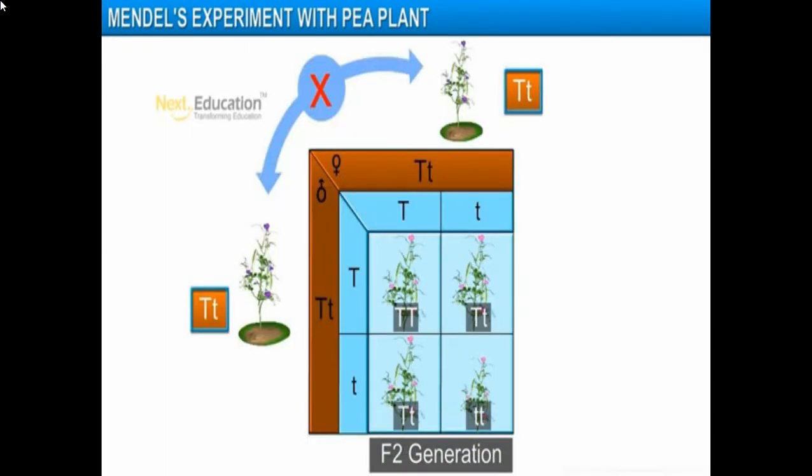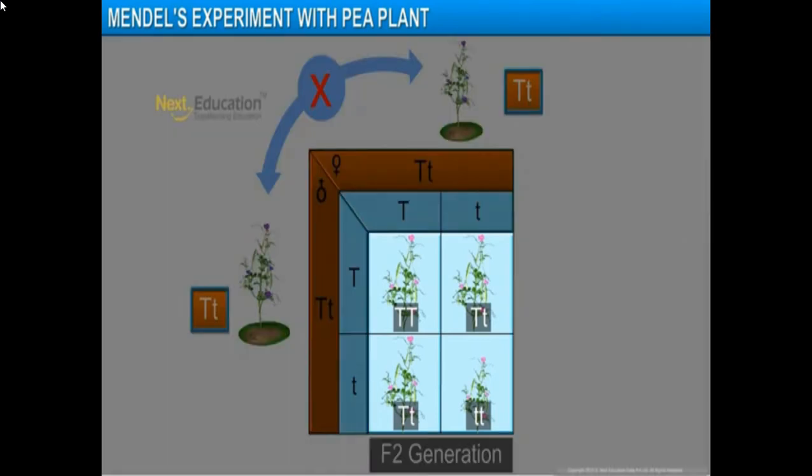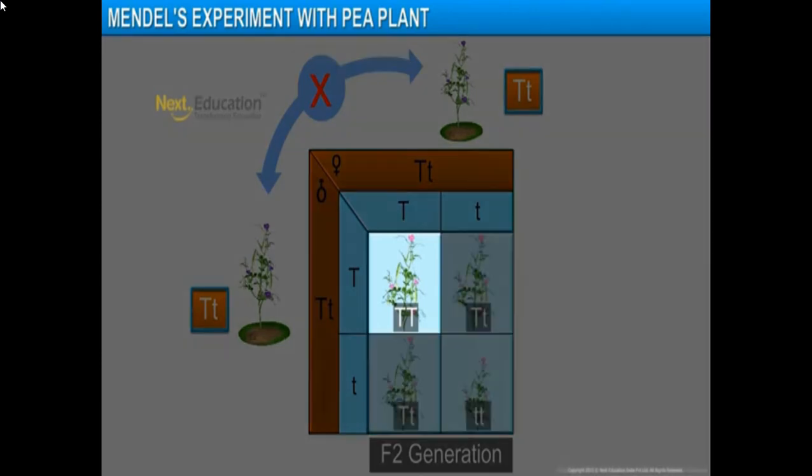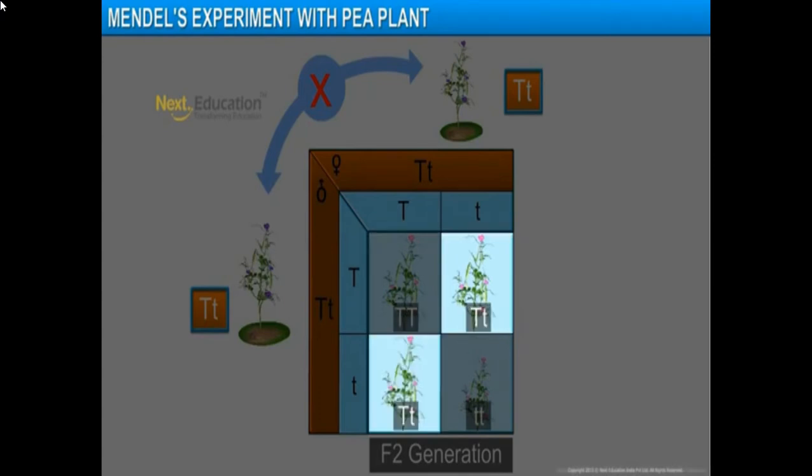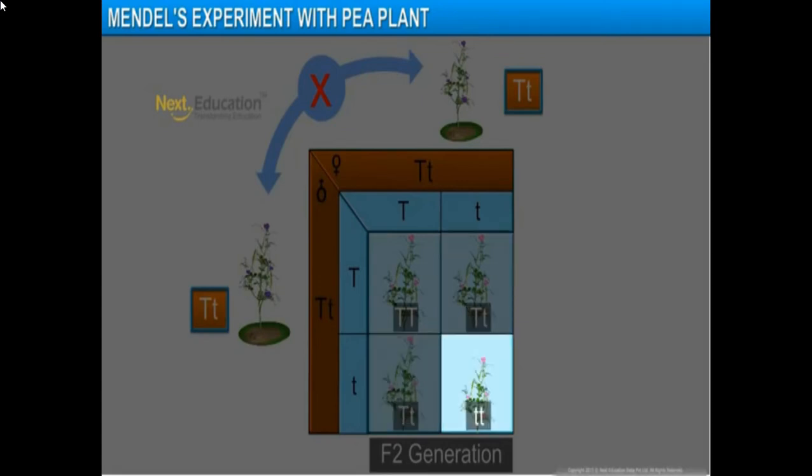Now let's see the entire experiment in the form of genotypic and phenotypic representation. It is seen that random fertilizations result in 1/4 uppercase TT, half uppercase T and lowercase t, and 1/4 lowercase tt.